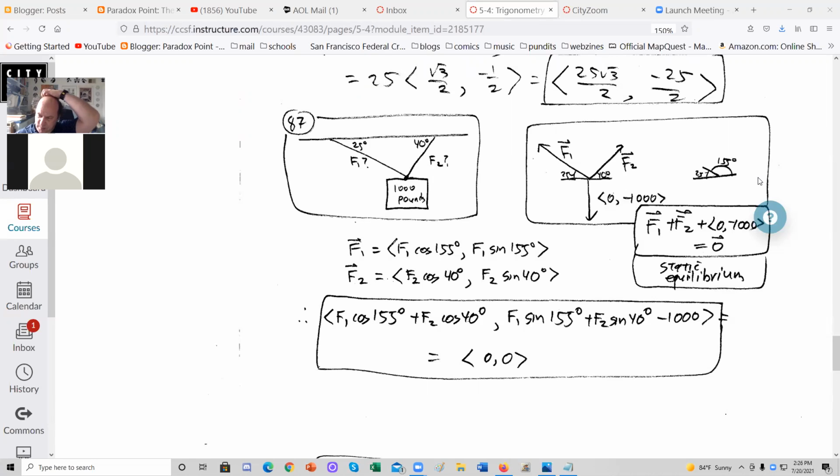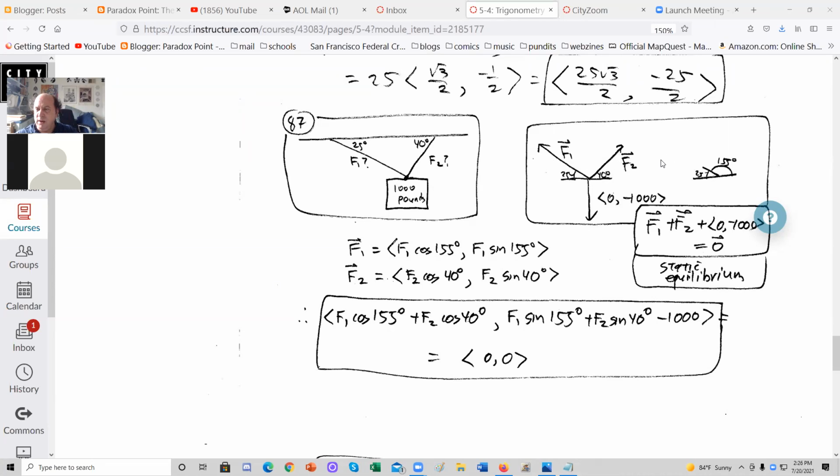Now, okay, here we have to use a bit of engineering. The idea is called equilibrium. This 1,000-pound weight has a force of 0 by negative 1,000. This one here is force 1, here's force 2, at an angle of 25 degrees, at an angle of 40 degrees. Okay, and 25 is supplementary to 155.